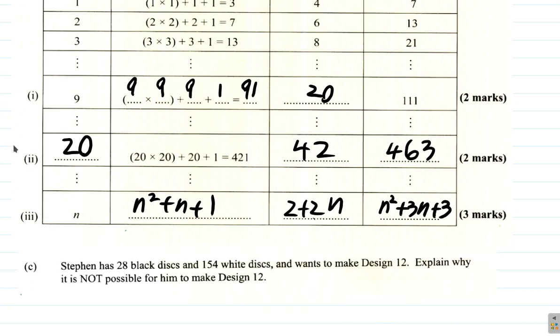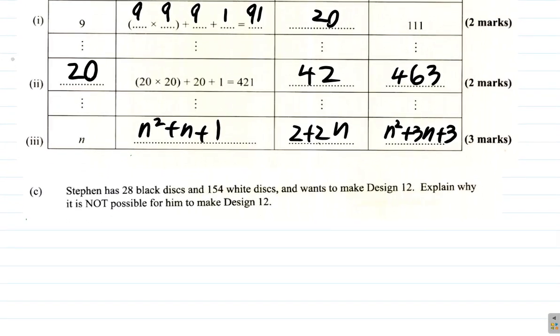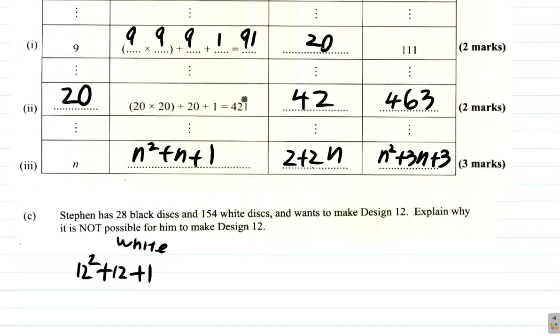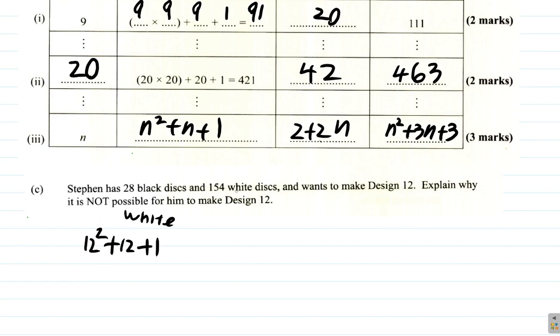Let us find out. Here, design 12 would be 12 squared plus 12 plus 1, and these are white discs.